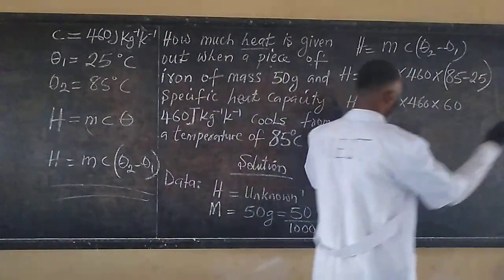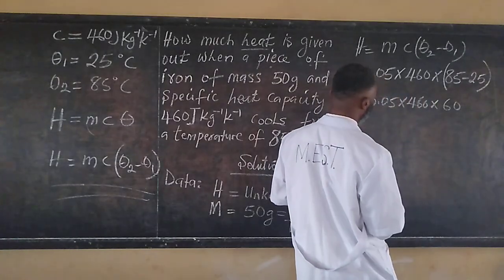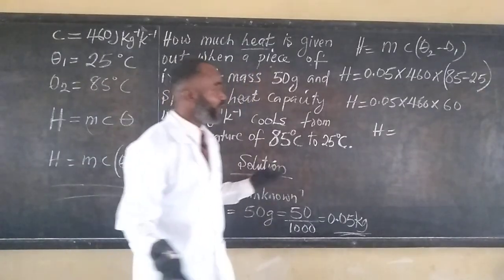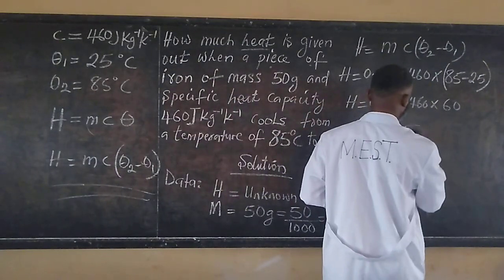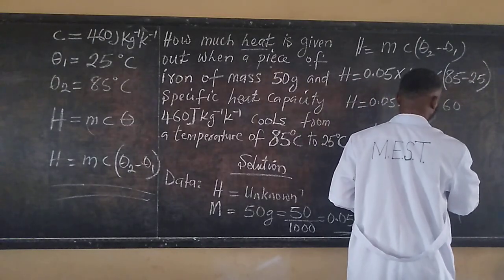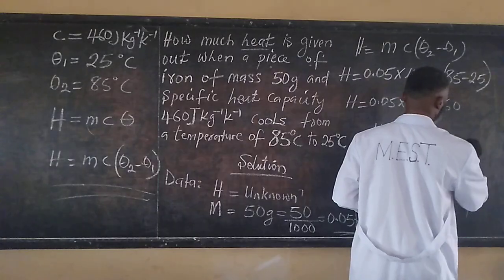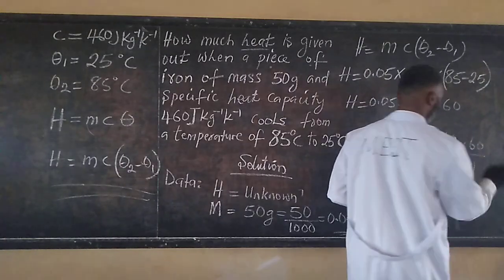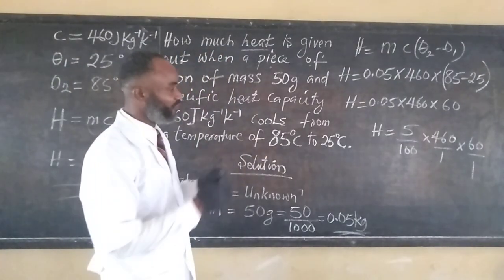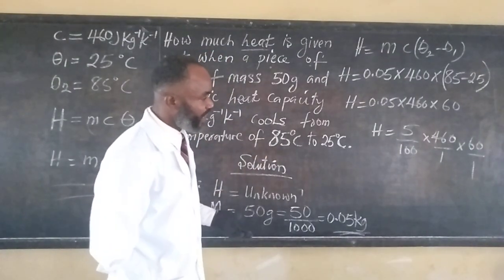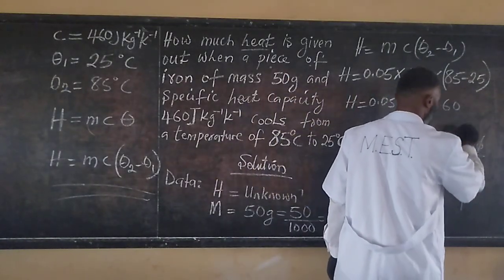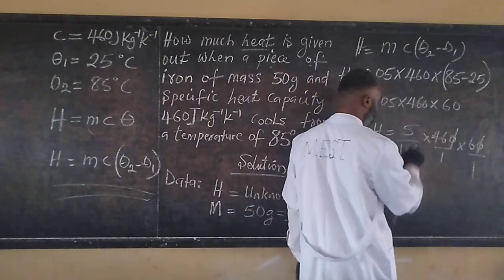We can as well solve this even without using a calculator. We change 0.05 to 5 over 100, and then 460 over 1 times 60 over 1. This is just to normalize the simplification. We have two zeros here, so we can cancel one zero here, cancel one zero here, and then cancel this and that.